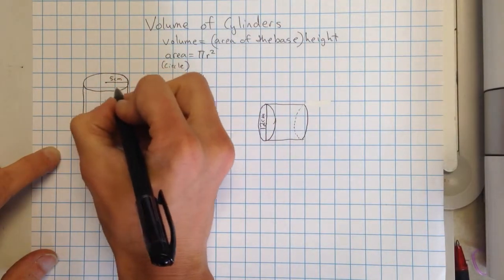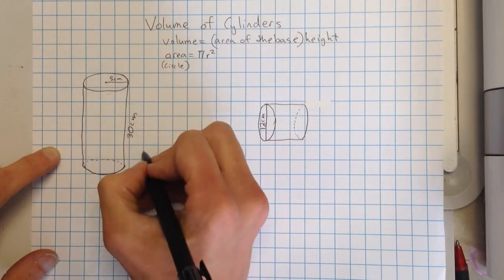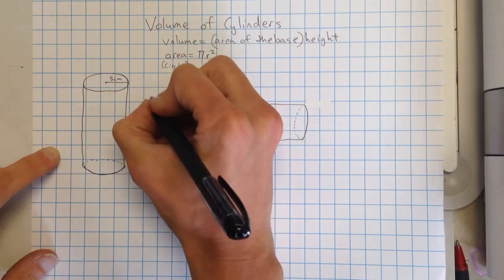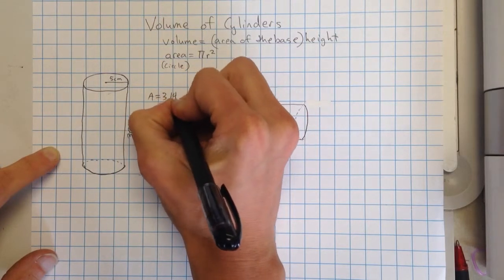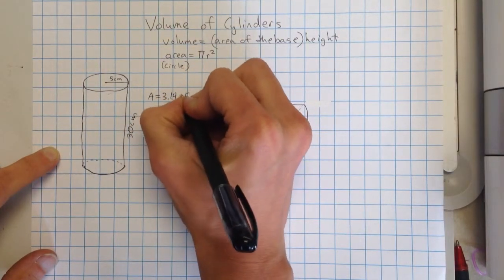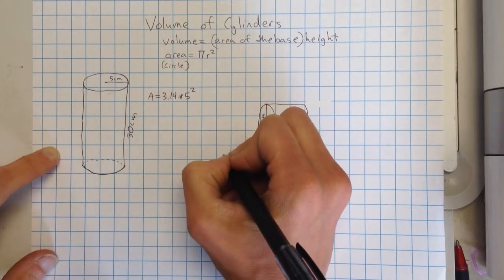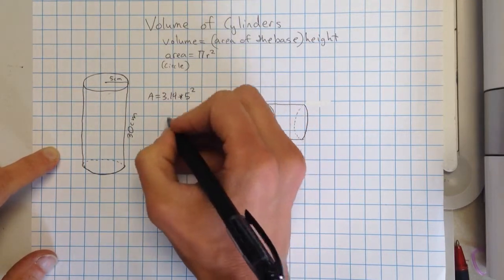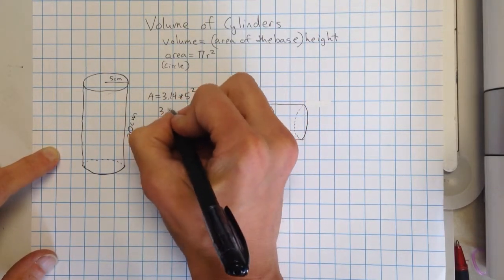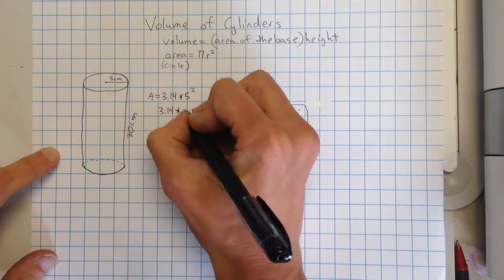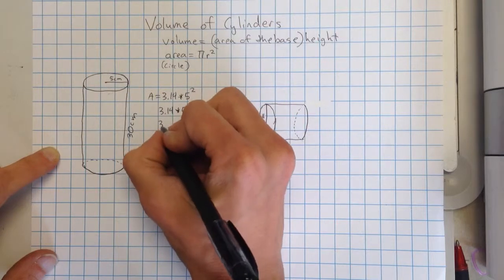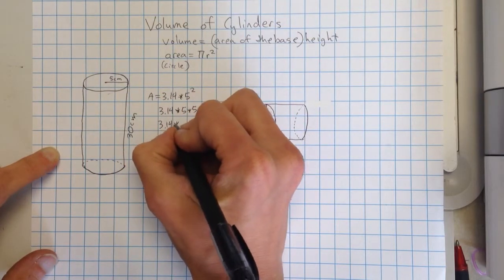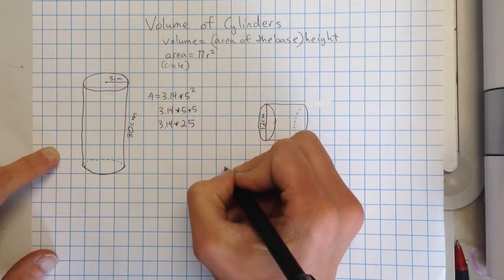So to find the area of this circle, our radius is 5. So I'm going to do area equals 3.14 times 5 squared. Remember, when you square a number, that means you're multiplying by itself. So it's 3.14 times 5 times 5, or 3.14 times 25.